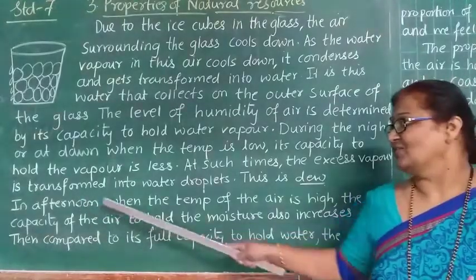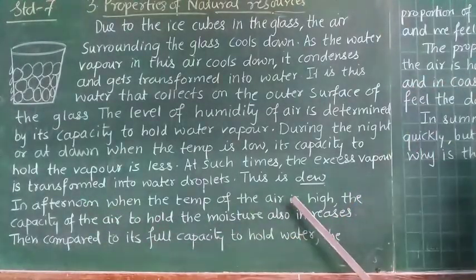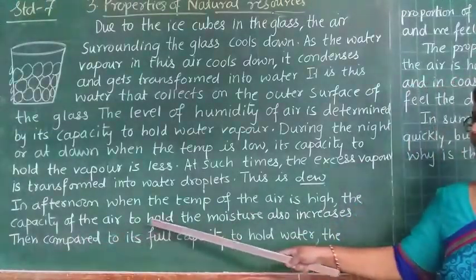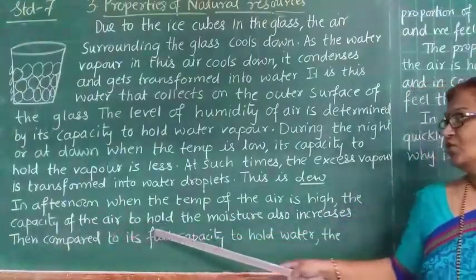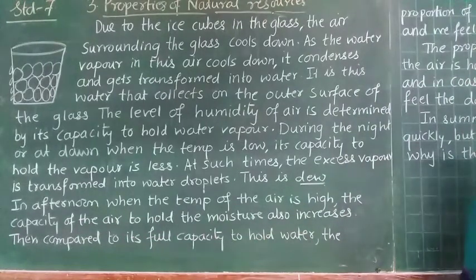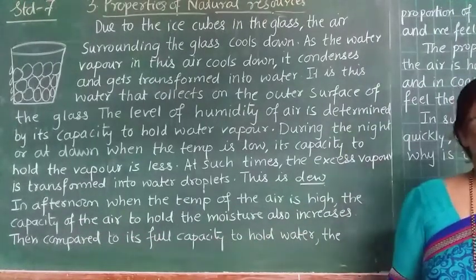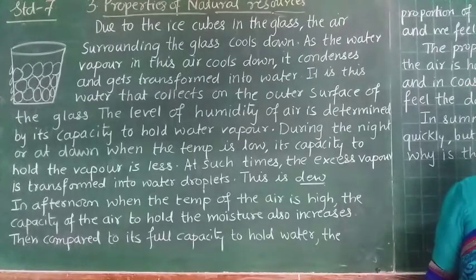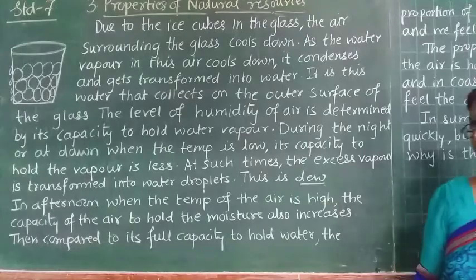Then in the afternoon, when the temperature of the air is high, the capacity of the air to hold the moisture also increases. In the afternoon, the temperature in the air will be very high and the capacity of air to hold the water vapor, or to hold the moisture, is also increased.